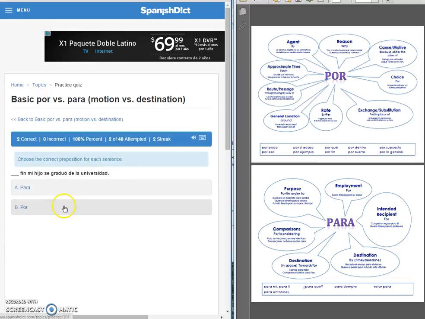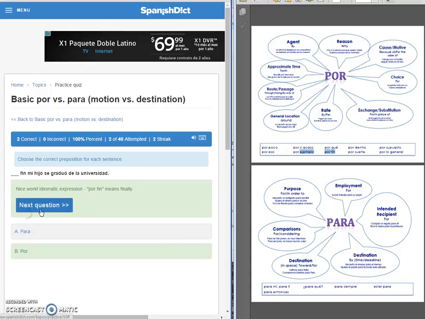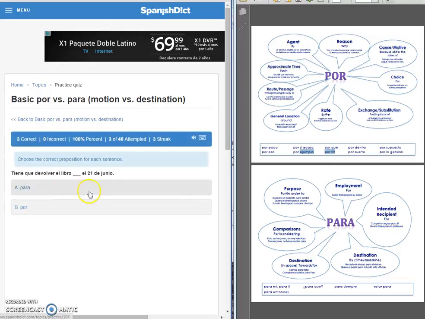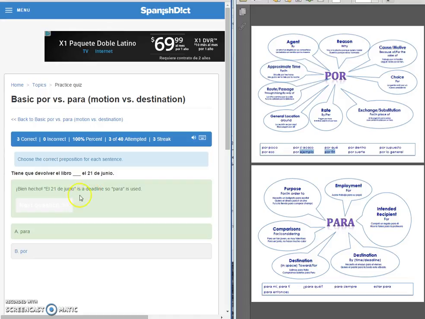Blank fin, mi hijo se graduó de la universidad. So that's a saying, and it's right here, so it's por. Tiene que devolver el libro, blank, el 21 de junio. Entonces, he or she needs to return the book by the 21st of June, which I would assume is my deadline, which would make it para.